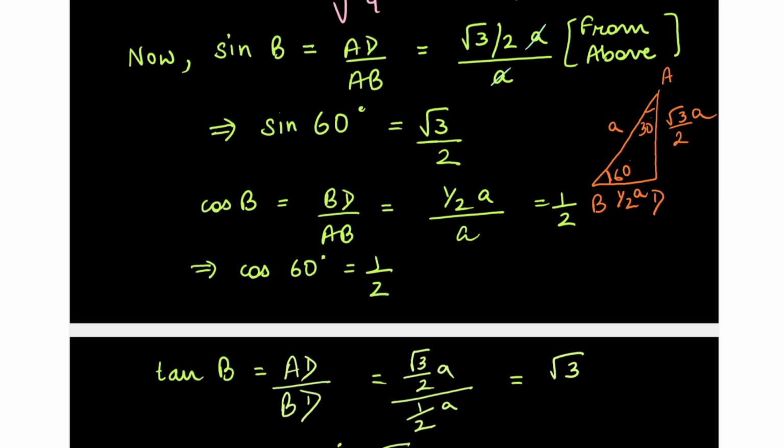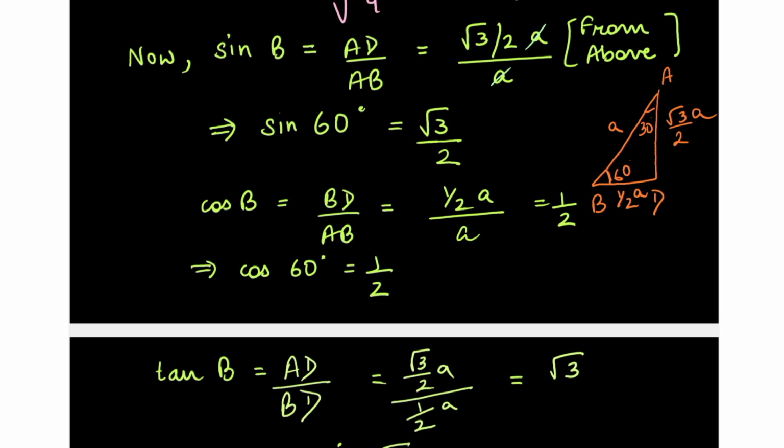Finally we get a right angle triangle ADB, right angled at D, in which AB is A, BD is half of A, and AD is root 3 by 2 A. Also angle B is 60, angle A is 30.